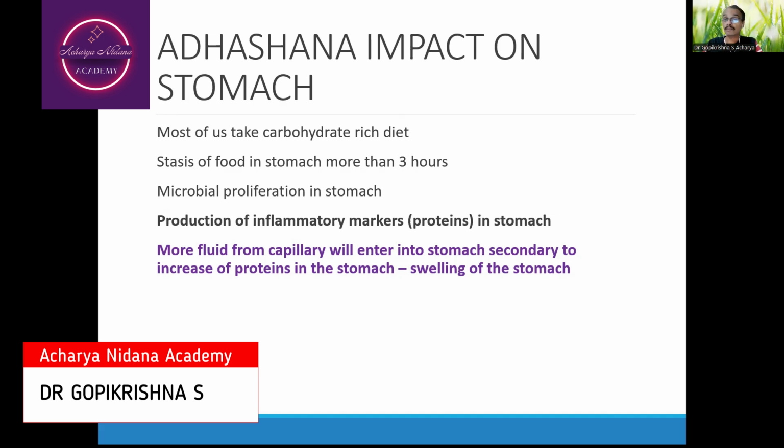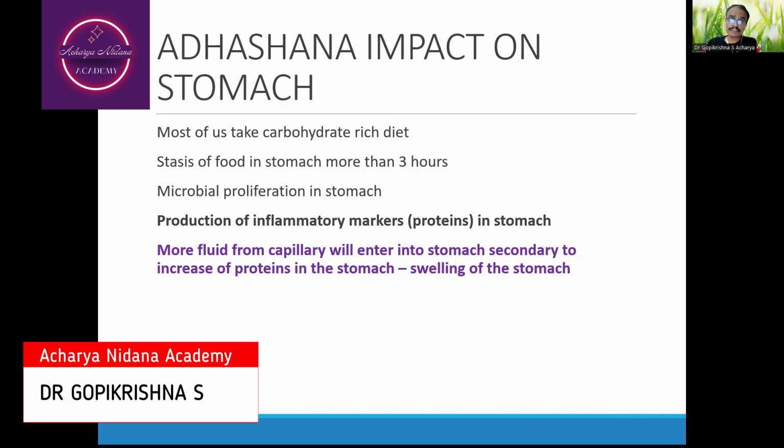As they are macromolecules, they will be entering via the lymphatic system into the bloodstream. They are bypassing the liver.